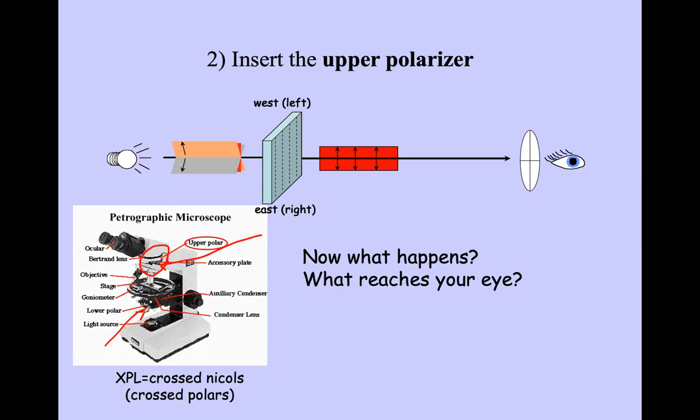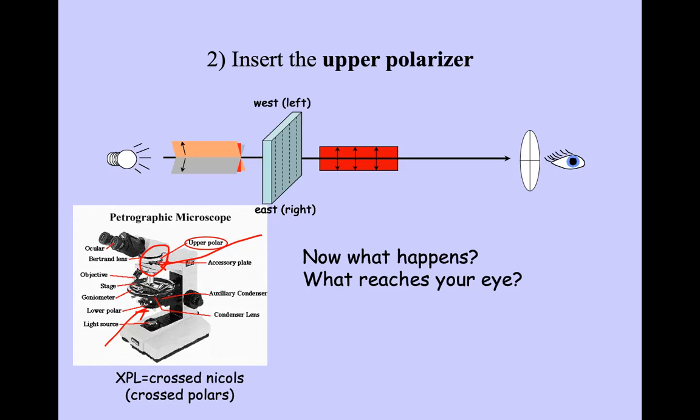But when we need, we will insert the second one. The important feature here is that the first polarizer is below the stage. Below the stage means you put the sample on the stage, right?